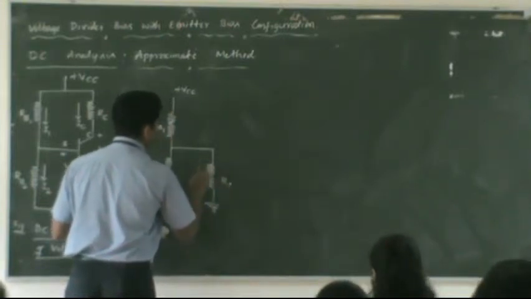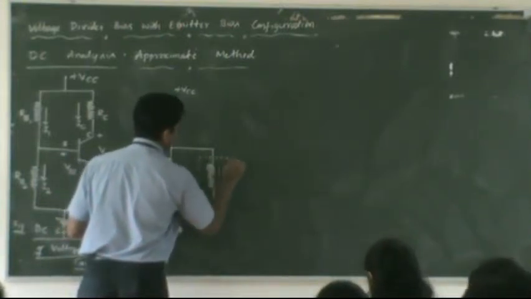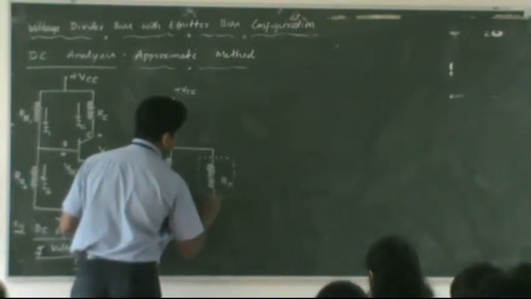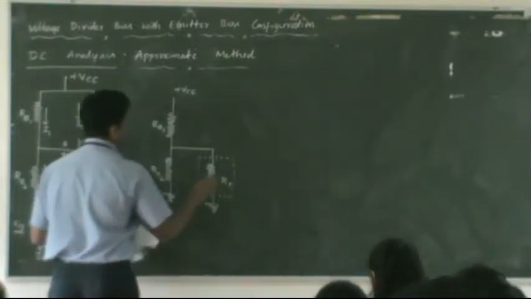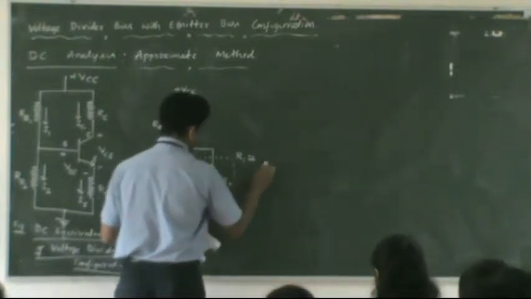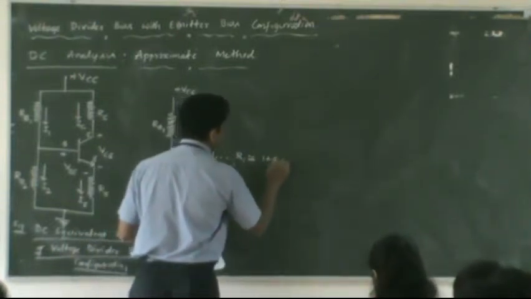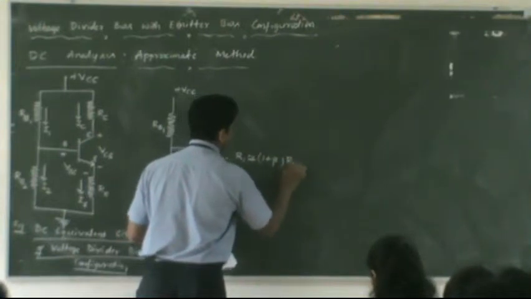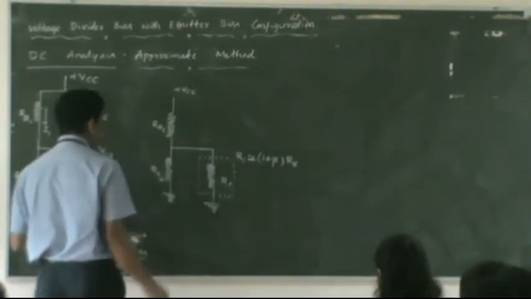We write this particular resistance in dotted form, where RA is approximately equal to 1 plus beta times RE.